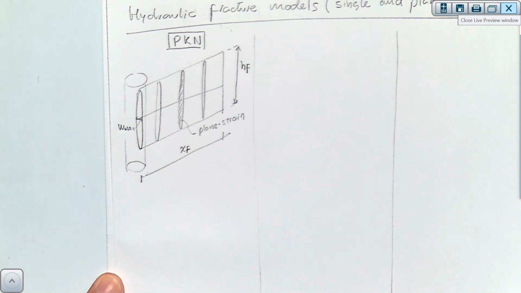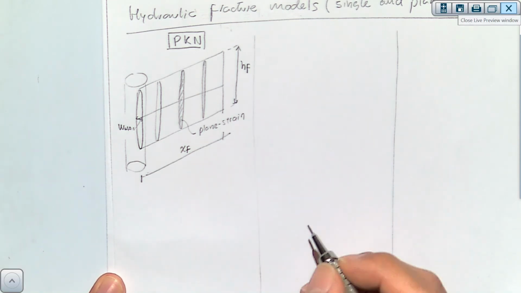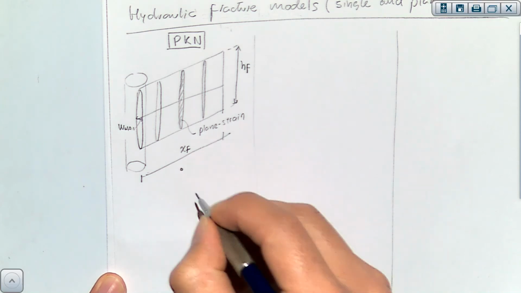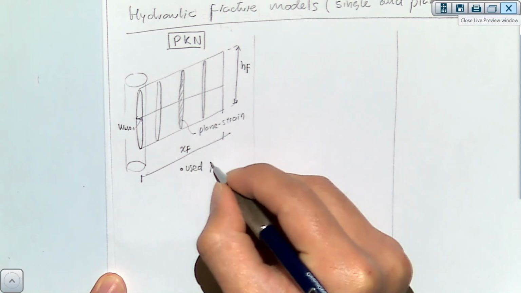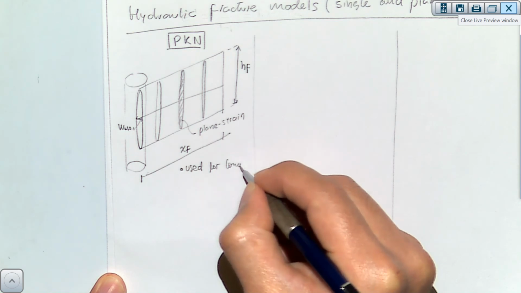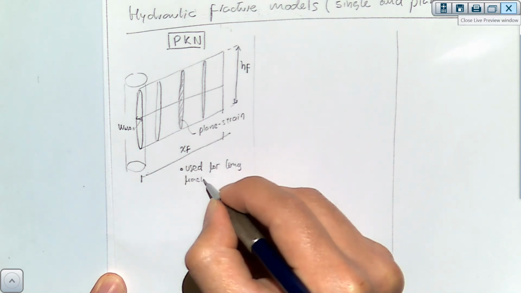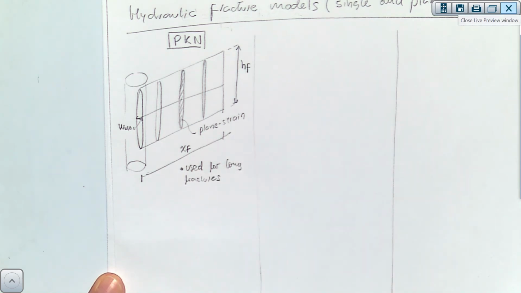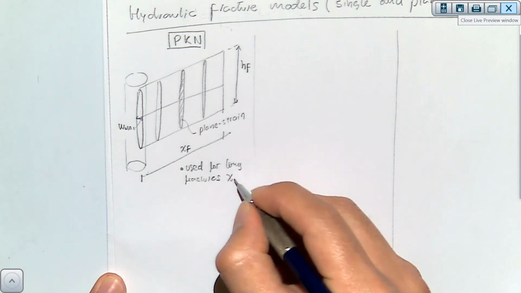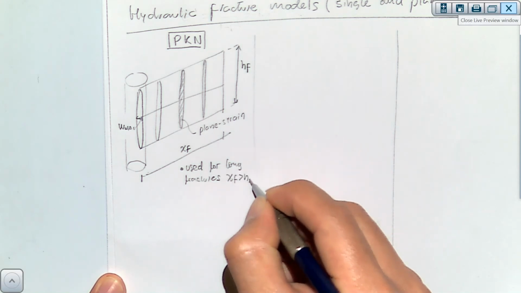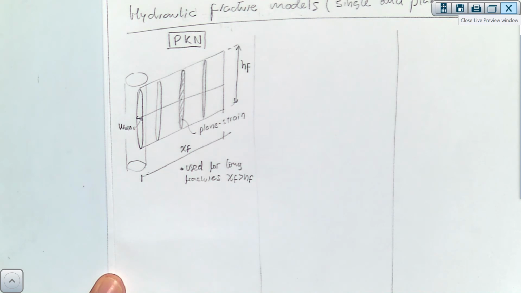What is important about this model? It is important that this KGD model usually is used for long fractures, where the fracture half length is higher than the fracture height.